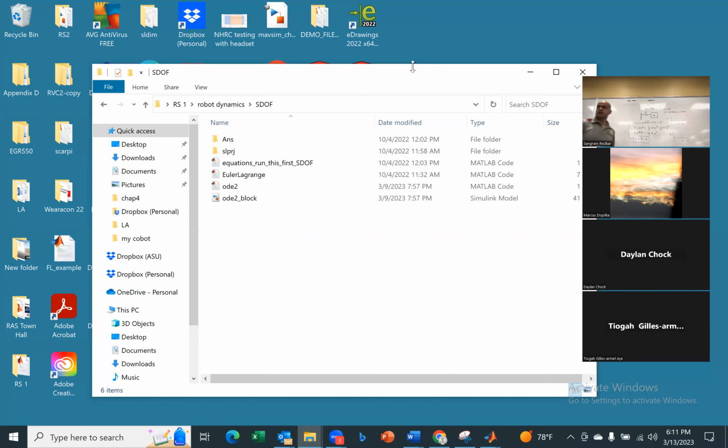Are you with me so far? So you don't have to solve this equation in closed form. MATLAB will do it for you.